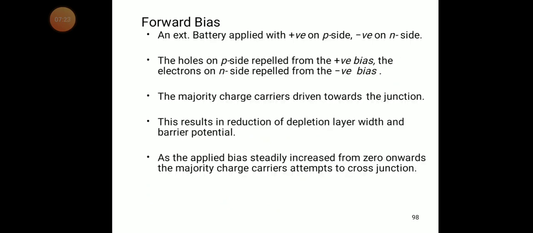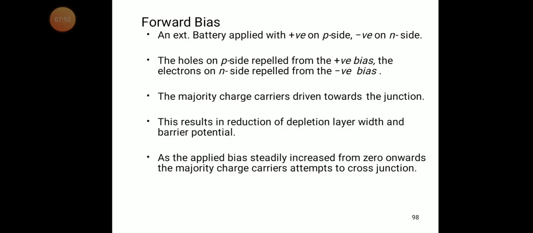What we are doing is, using an external battery, we apply the positive voltage on the P side and negative voltage on the N side. The holes on the P side are repelled from the positive bias.